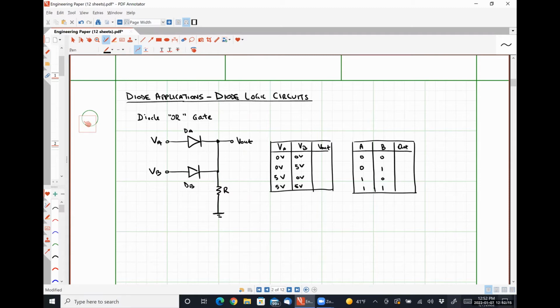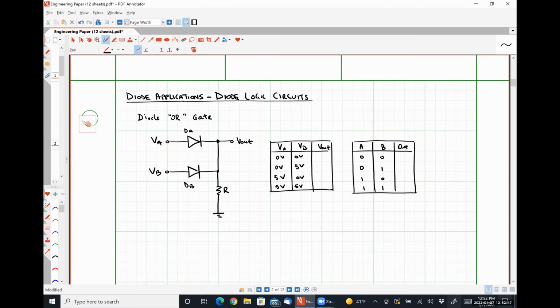It stands to reason then that if either of those input voltages, VA or VB, are 5 volts, we should expect to see that those diodes become forward biased, right? So they will look like a short circuit for an ideal diode model, or a 0.3 to 0.7 to 1.2 volt drop, depending on whether we're using germanium, silicon, or gallium arsenide, right?